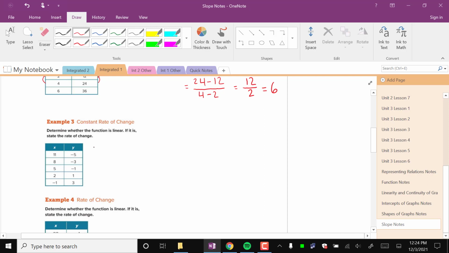Let's start off with the first one. It's going to be negative 3 minus negative 5 divided by 8 minus 11.